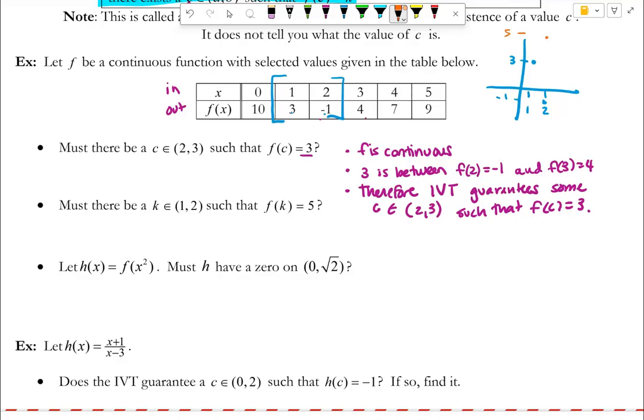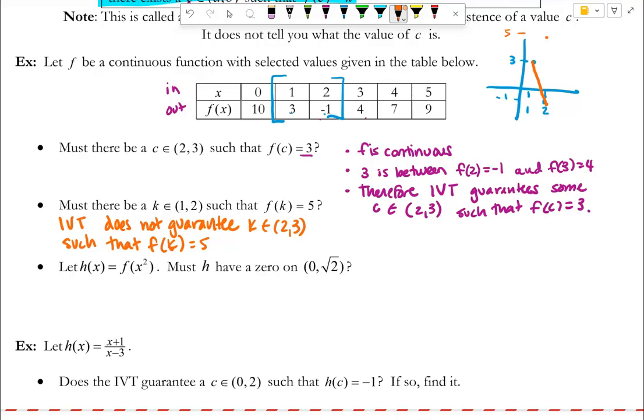Well, no, not necessarily. I could go from y equals 3 to y equals -1 without ever passing the number 5, because 5 is not between -1 and 3. So here's where we have to be careful. We can't say that no, there isn't a value, because it's possible. It could happen. But what we can say is that the intermediate value theorem, the IVT, does not guarantee a k on the interval 1 to 2 such that f of k is 5.